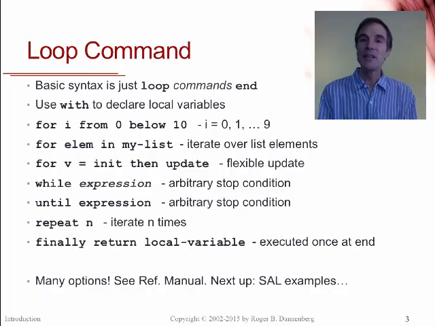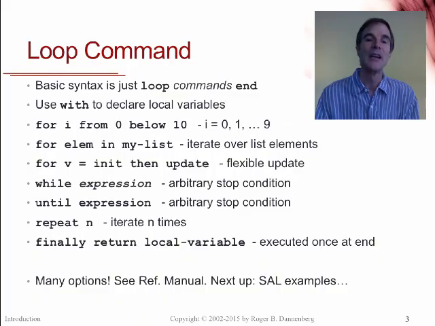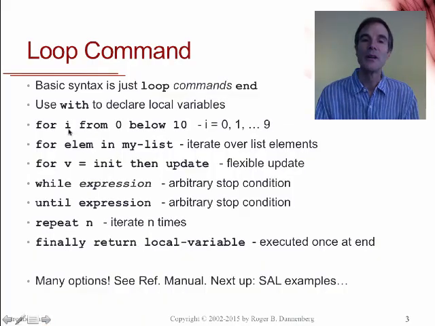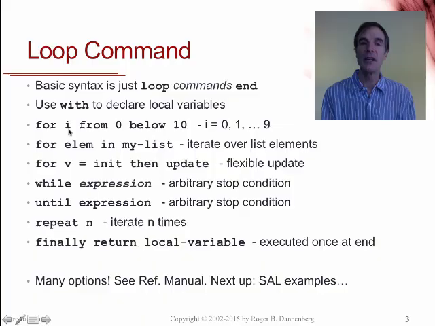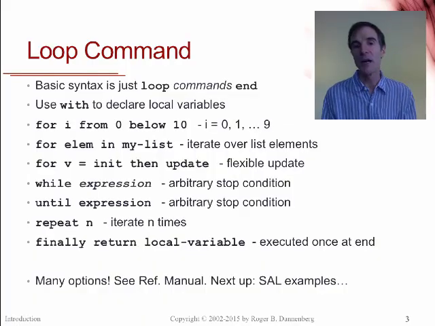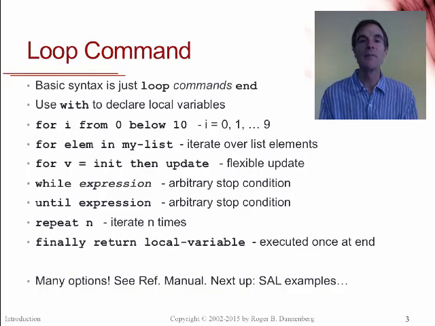Now, the thing that makes loops complicated is there are a bunch of options. You can loop with a variable taking on integer values. For example, you can write for i from 0 below 10. So that means i will take on the values 0 through 9.